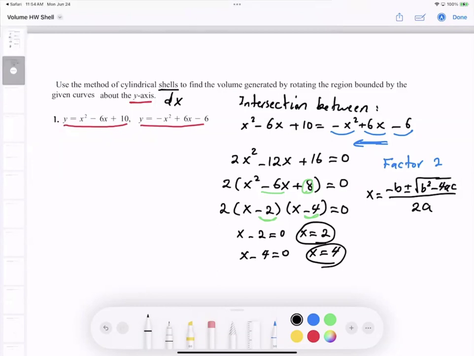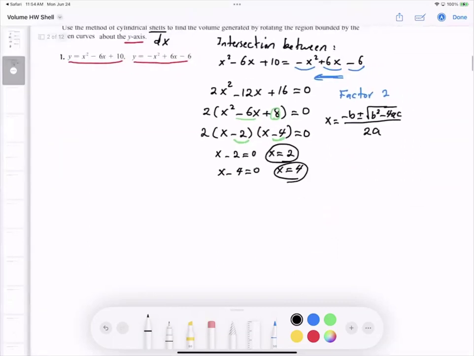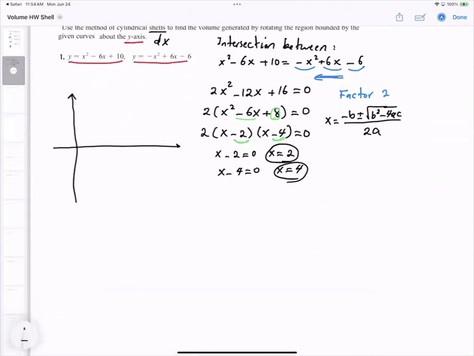Let's take a look at the visualization and see what we have. So let me graph this. I know x is bounded between 2 and 4, so it makes my life much easier when I do the graphing. I know these two are intersecting at 2 and 4.